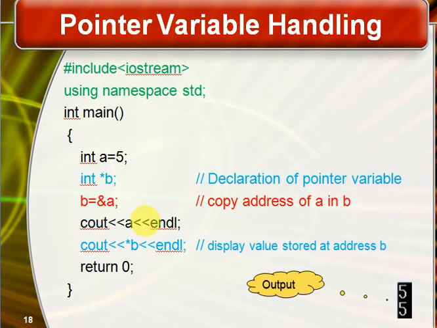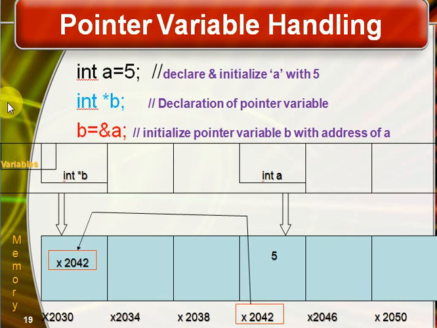The first 5 is the result of the statement cout a. The second 5 is the output of the statement that prints the value stored at b. int a = 5 is the declaration of simple variable a initialized with value 5. Then comes the declaration of pointer variable b, and its initialization with the address of variable a.